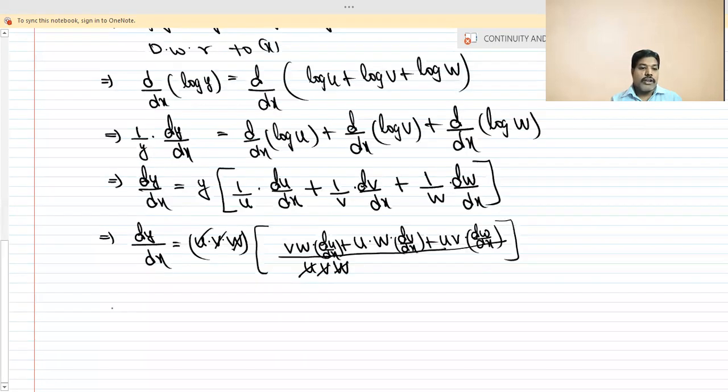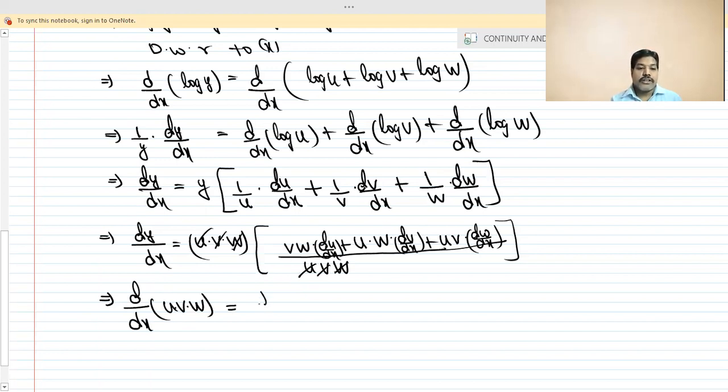So finally, what is this? This is nothing but the derivative of y. Y is nothing but u v w. Dy by dx means the derivative of u v w. So you can write it in order, students.